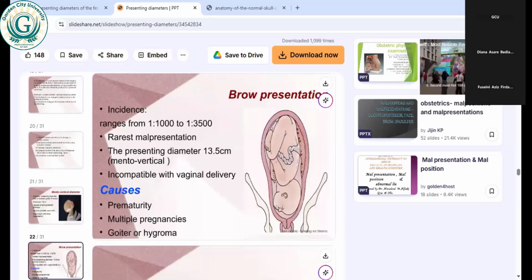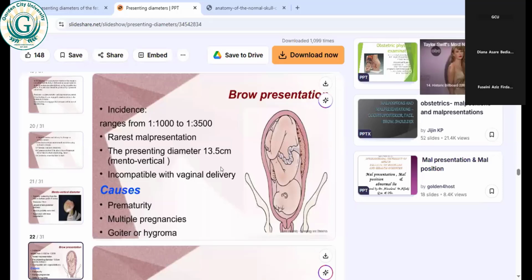So the mentovertical diameter, from the mentum to the highest point of the vertex, which is 13.5, the longest diameter, and the bitemporal, which is 8.2, present. If this presentation persists, vaginal birth is unlikely.